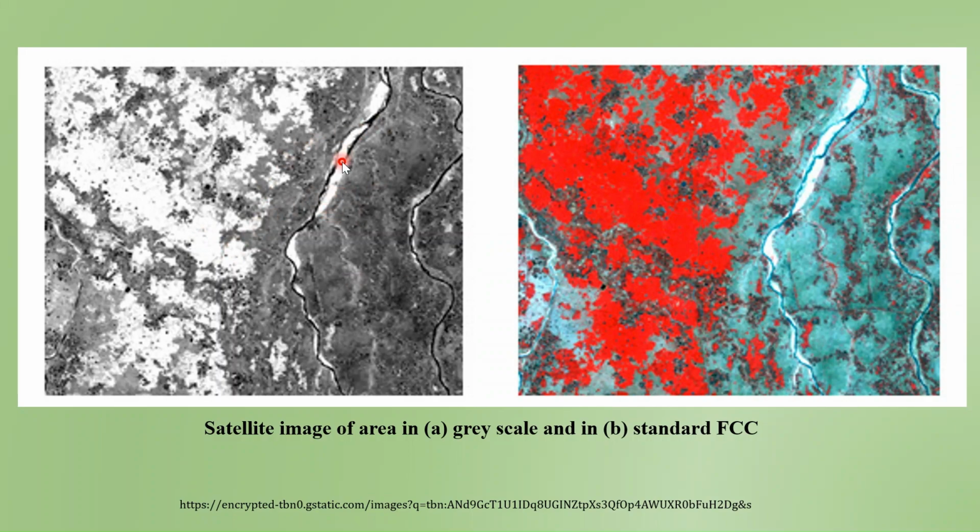But this interpretation becomes easier when we observe them in the FCC, because when we have the NIR, red and green combination in the FCC, we can see that this stronger white reflectance was mainly because of the vegetation, and this white color is mainly because of the sediment deposition along the river. So in FCC, identification of different features becomes a little easier in comparison to the grayscale.